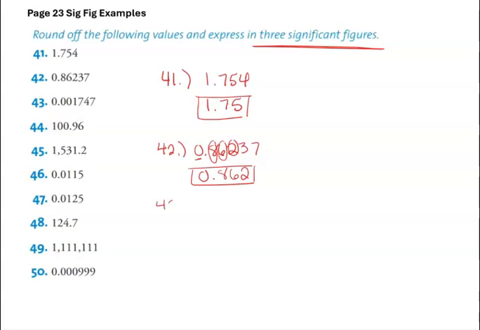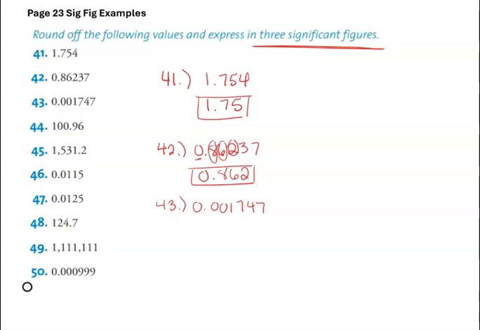Okay, 43. We've got 0.001747. This is a little bit of a different scenario where we have zeros on the right side of the decimal point, where before we only had a 0 to the left of the decimal point.